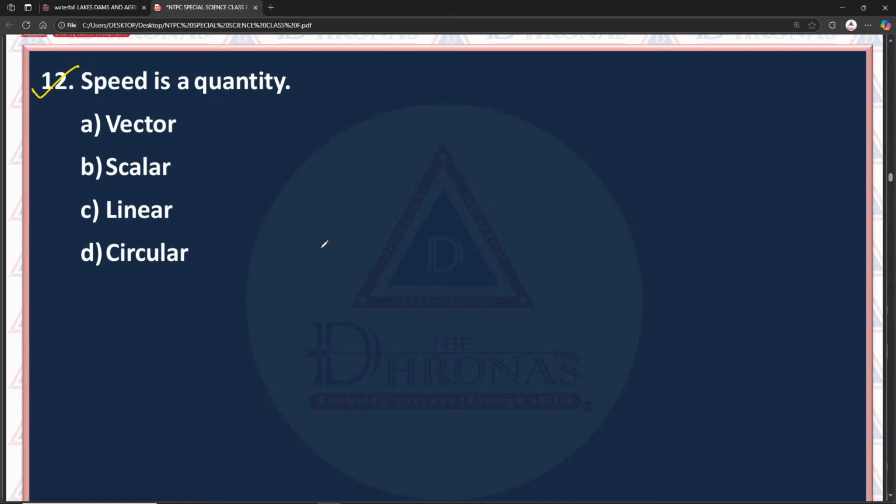So speed is scalar or vector? Correct, scalar quantity. Speed is a scalar quantity because in speed we take distance by time. So distance is a scalar quantity, so speed is also a scalar quantity.